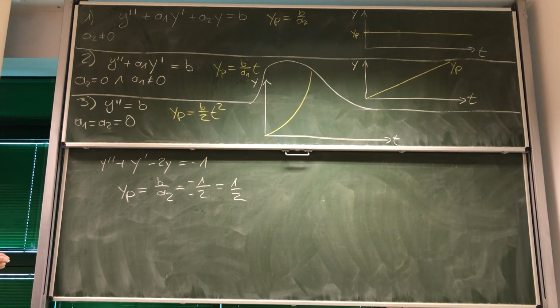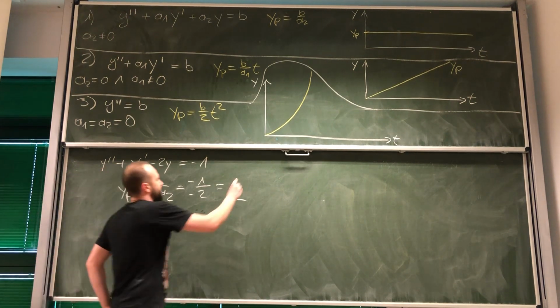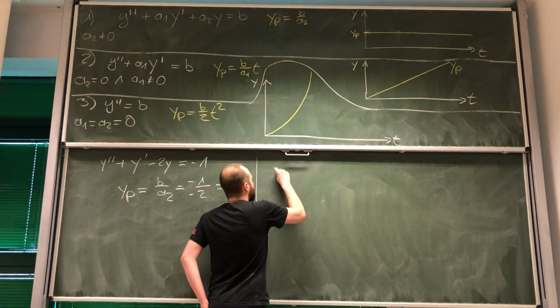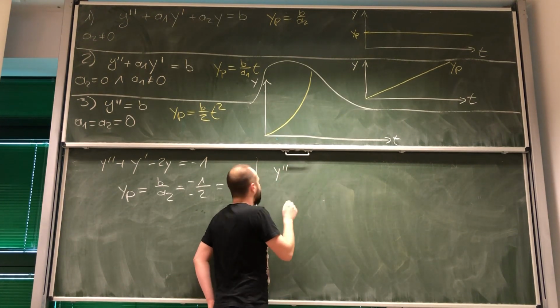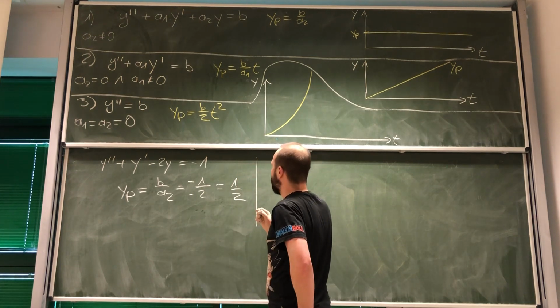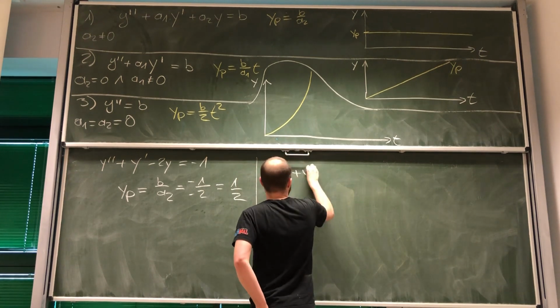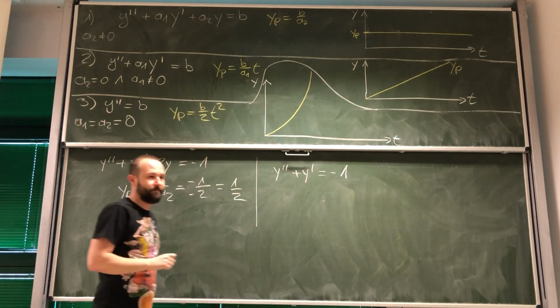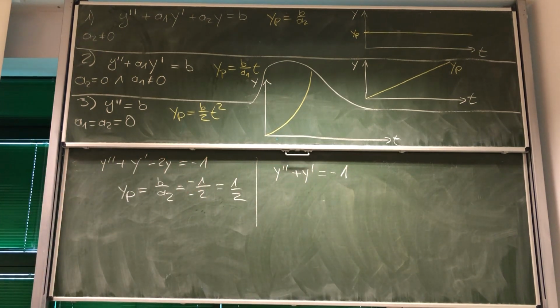Okay, now what if we need to deal with the equation y bis plus y prime equals -1, right? So what do we do now? Well, this is clearly case number 2, but an easy one, right?